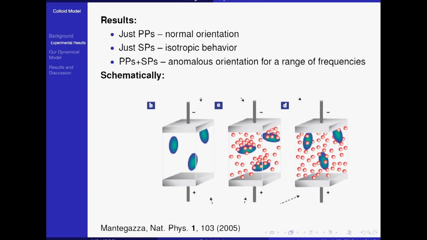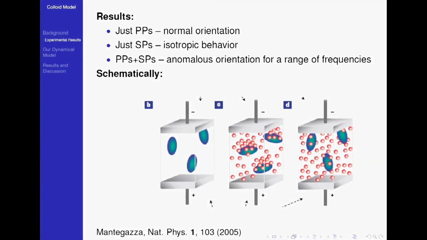So the orientation is anomalous, meaning it's actually doing something it's not supposed to do. Why isn't it supposed to do this? Because energetically, this is the much more comfortable state to be in. This costs more energetically, and so this is not something you'd normally expect them to do.